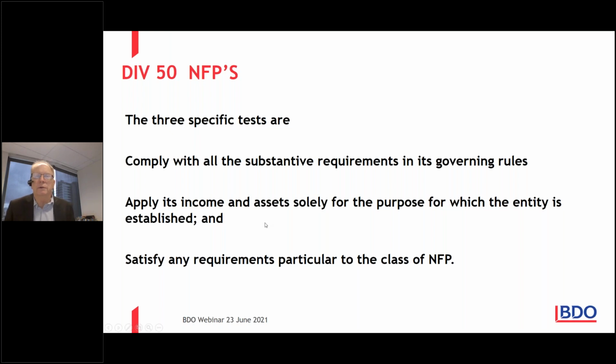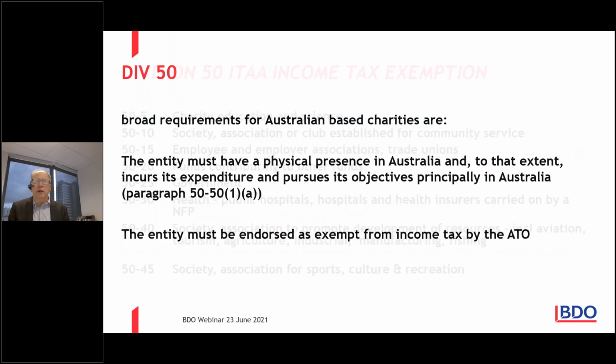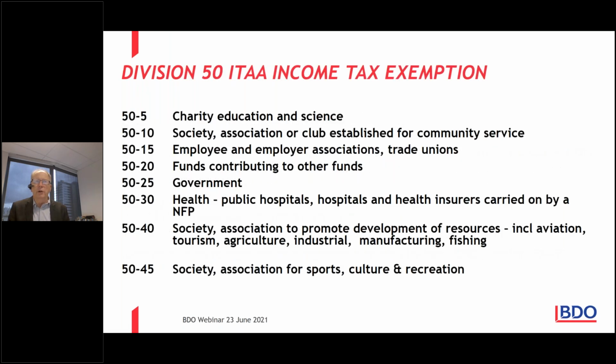So it's important to understand for each of your organisations, which category, which heading. If we go back to that Division 50, can the board point to which one of these is the heading under which you're claiming?